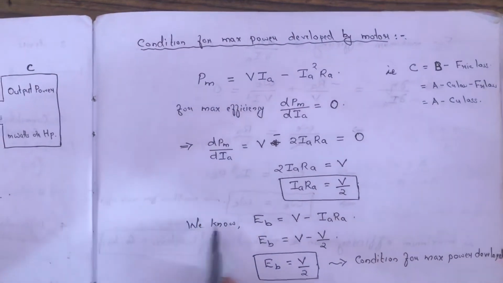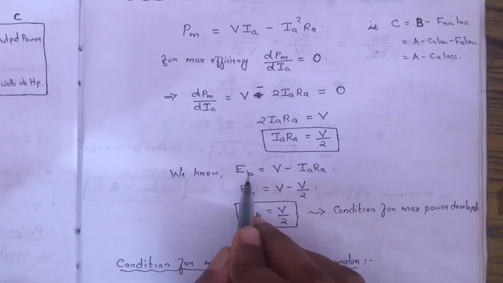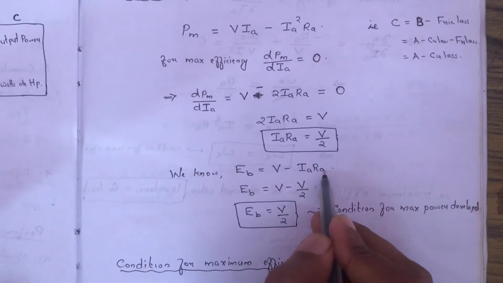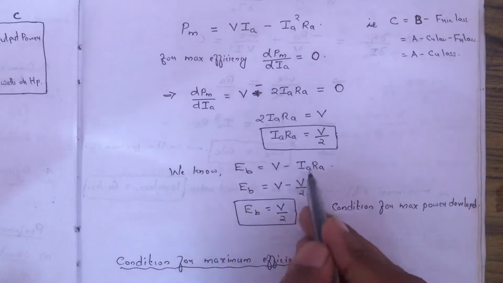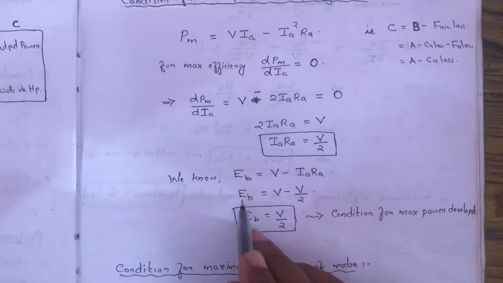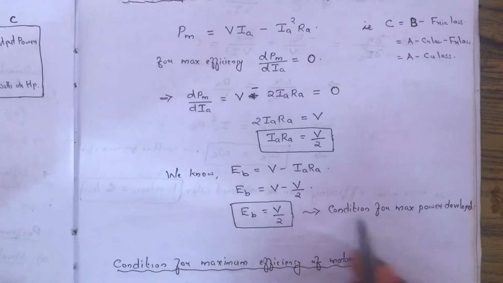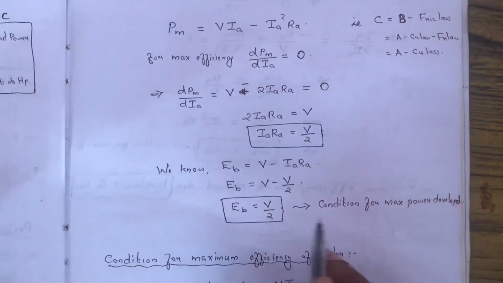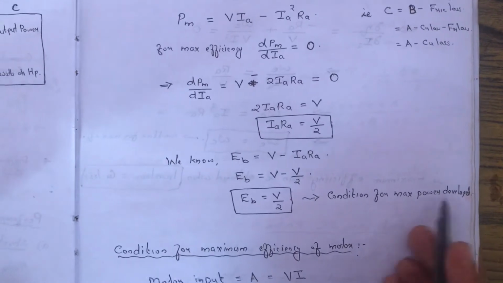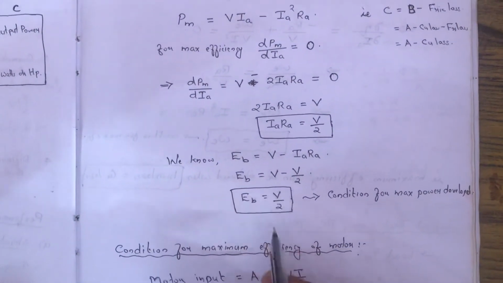Also, we know from the voltage equation of a DC motor, Eb is equal to V minus IA RA. Since IA RA is equal to V by 2, the back EMF is equal to V by 2. So this is the condition for maximum power: the machine can develop the maximum power when the back EMF is equal to half of the supply voltage.